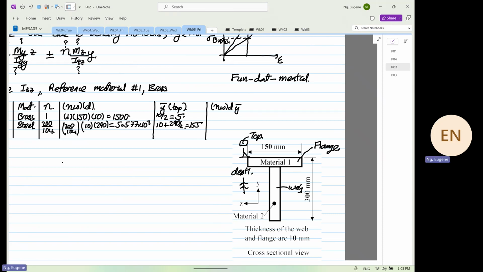So 1500 times 5 is 7500, and then 5.577 times 10 to the power 3 times 155 is equal to 864.435 times 10 to the power 3.